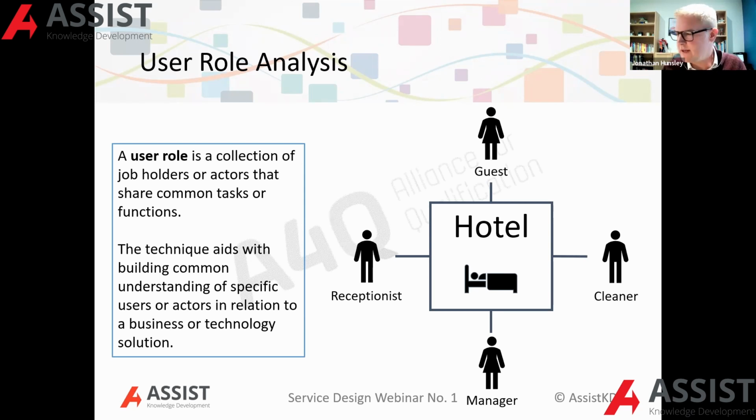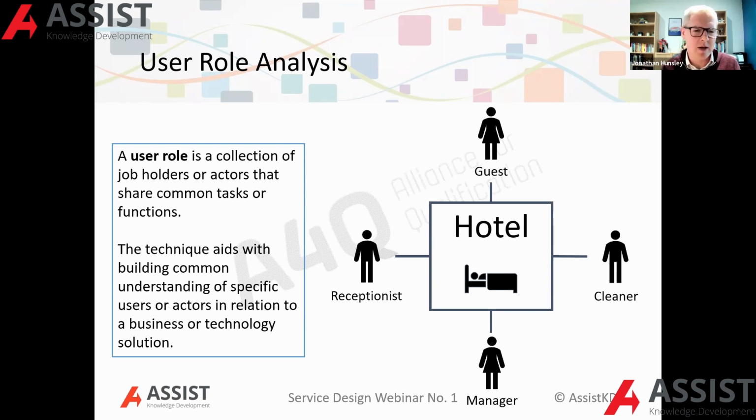Now, one of the things that gets confused about user roles is that a single individual can perform more than one role. So the receptionist role may also at times be a cleaner, or the cleaner might be a guest, or the manager might take on the receptionist role.